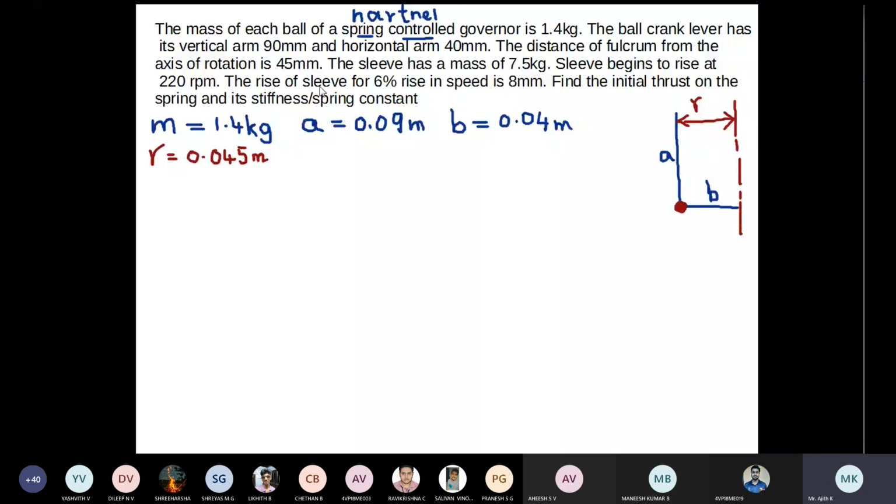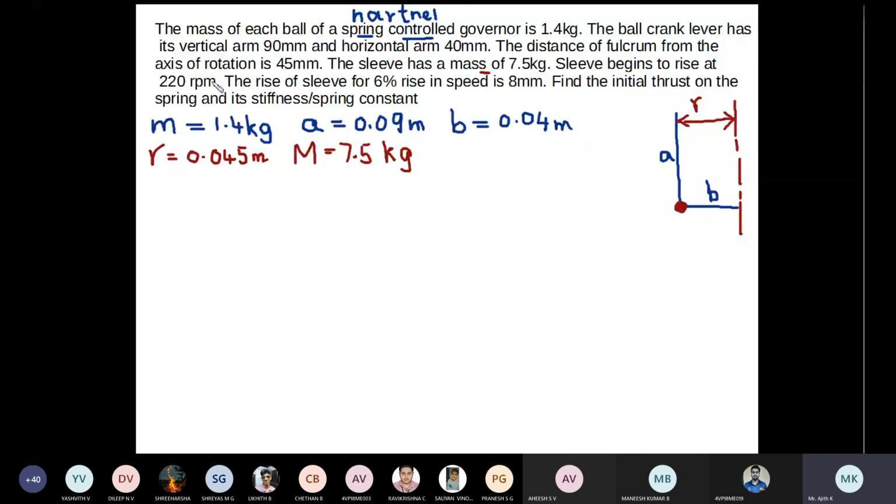Next sentence: sleeve has a mass of 7.5 kg. That means capital letter M is given. It is 7.5 kg. Sleeve begins to rise at 220 rpm.